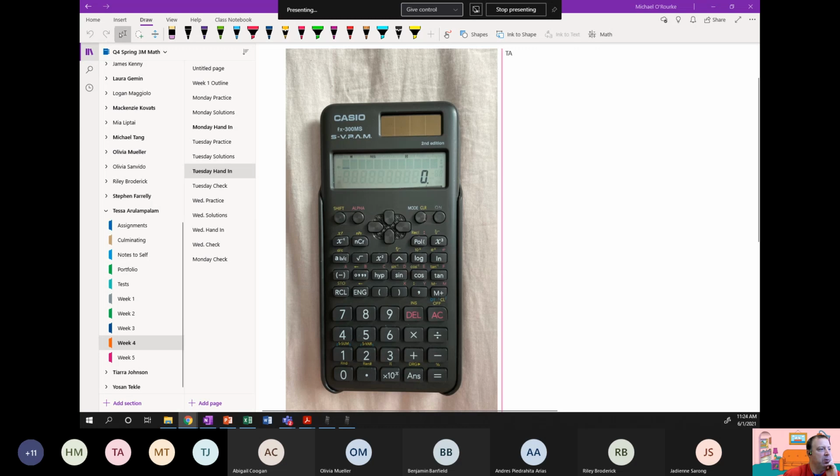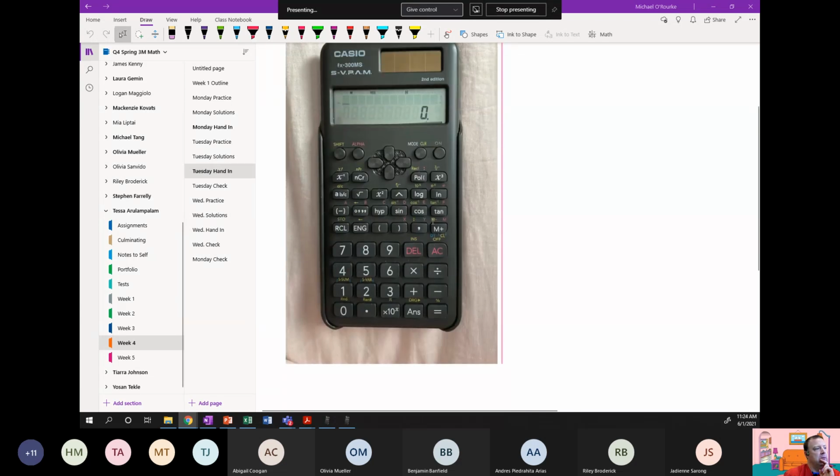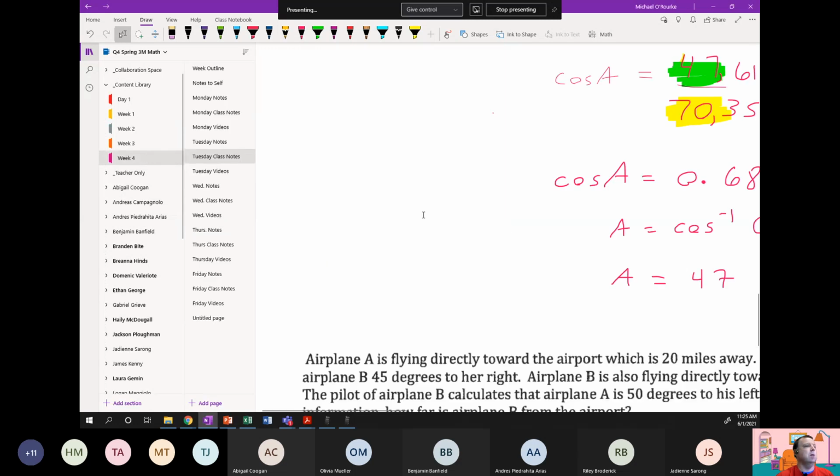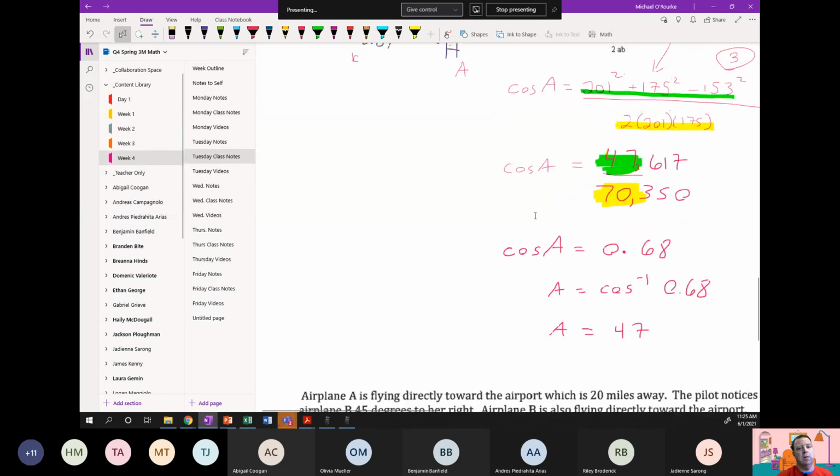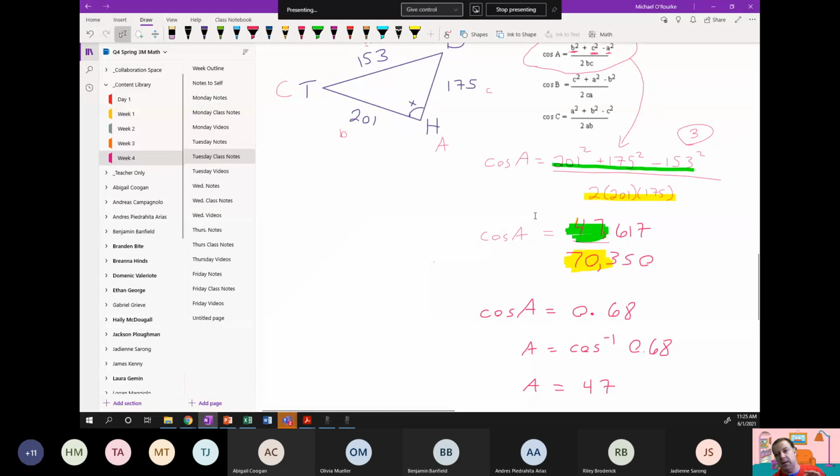What happens when you press mode, Tessa? Is there a way to get to where you have DEG up at the top? So you got it to DEG now, Tessa? Okay, now try the question over again.